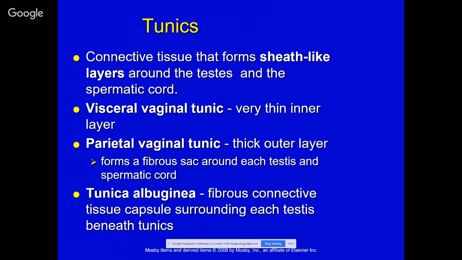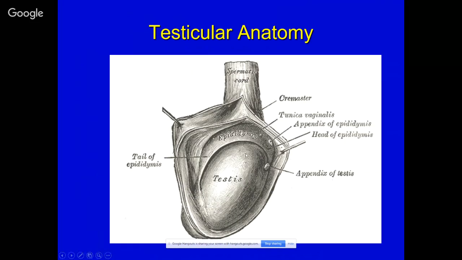And then there's the tunica albuginea. This is a white tissue. It's a fibrous connective tissue capsule surrounding each testis beneath those tunics. So here is the testicular anatomy. Here is the testis itself.